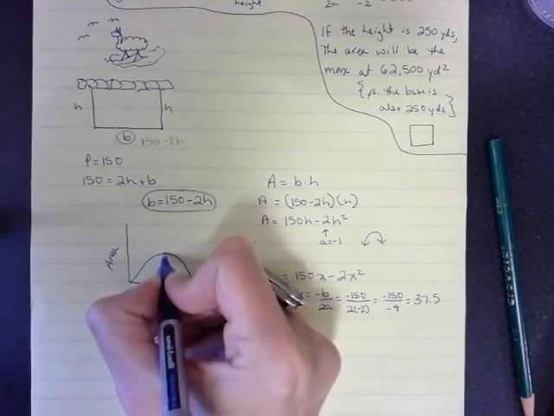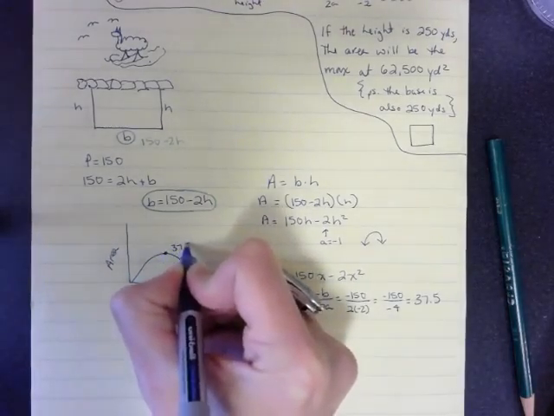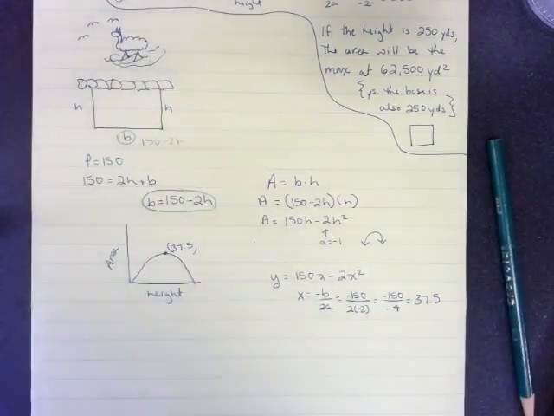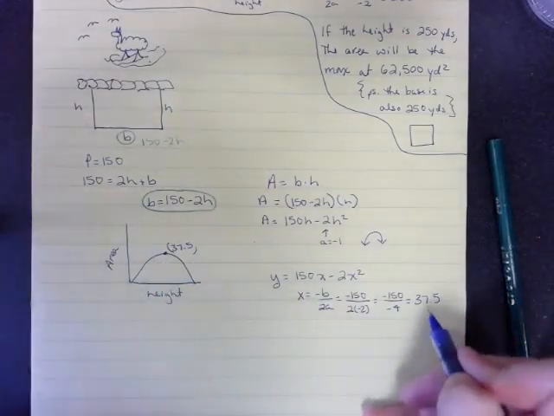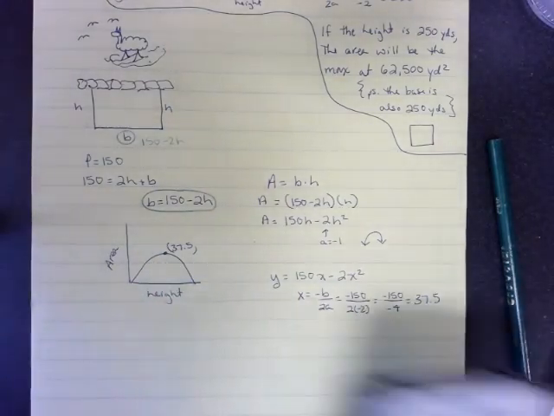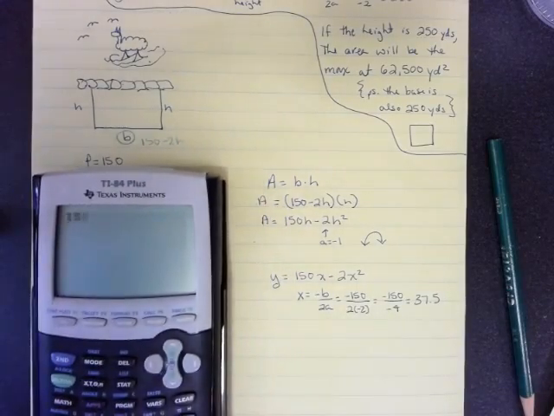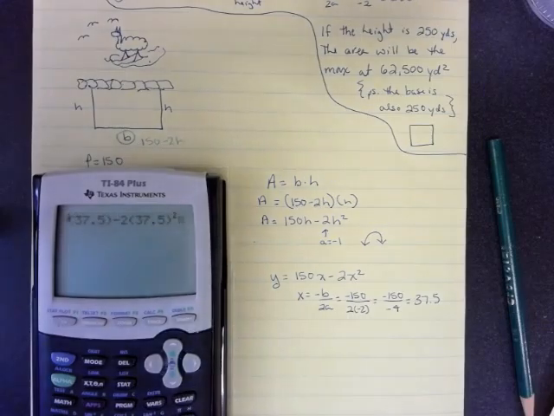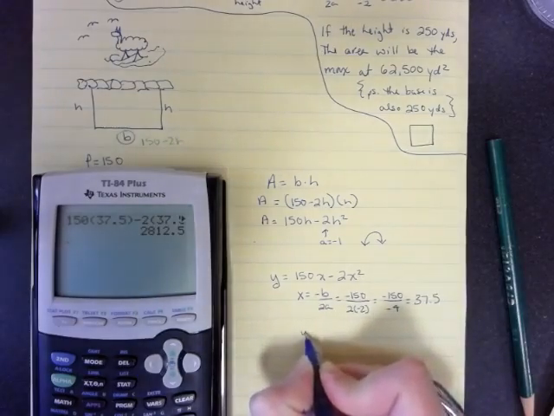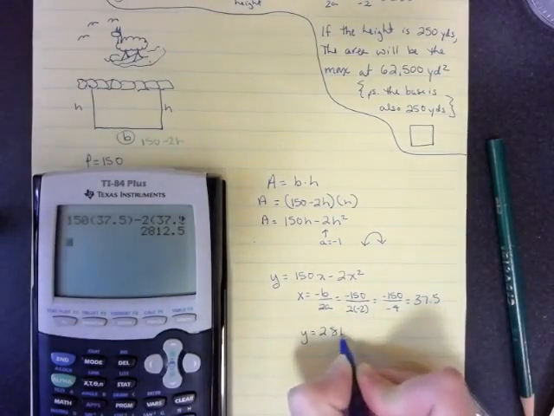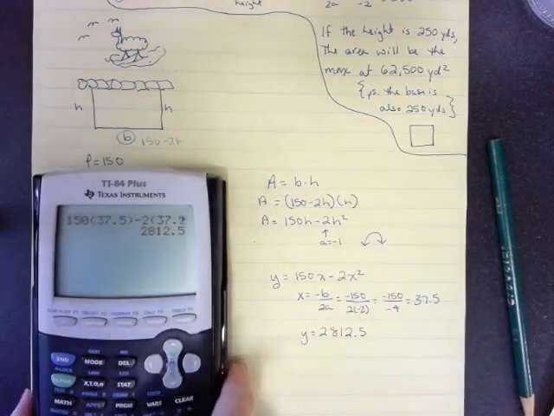Now if x equals 37.5, I want to put that on my graph, and then I'm going to take this 37.5 and put it into my calculator. So I have 150 times 37.5 minus 2 times 37.5 squared, don't forget my middle name, equals. And so the y is going to equal 2,812.5.